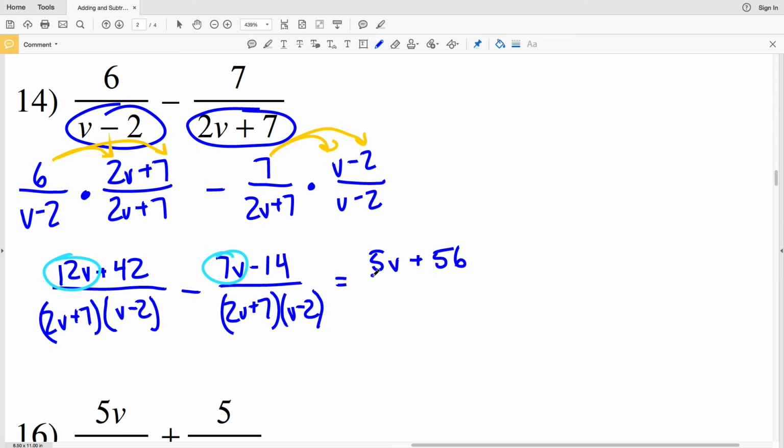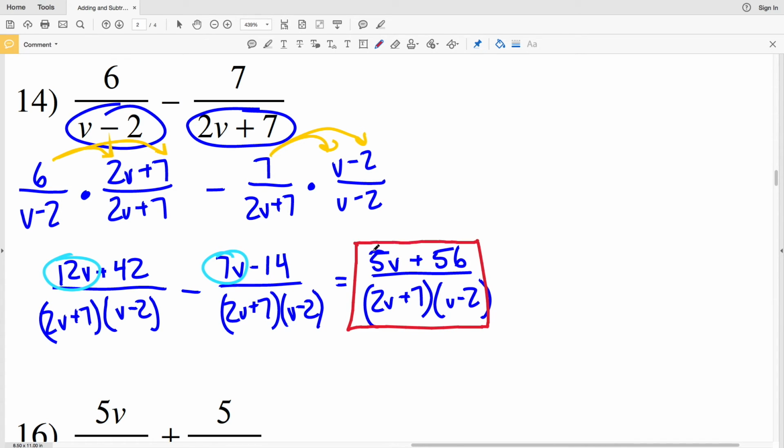So I have 5v plus 56 in my numerator, and that's all over my denominator of 2v plus 7 times v minus 2. That is my solution in number 14: 5v plus 56 over 2v plus 7 times v minus 2.